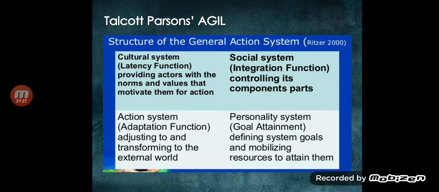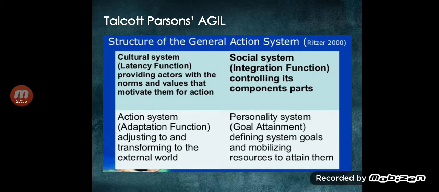When we talk of the action system, it refers to the behavioral organism. We are the behavioral organism. We are the ones acting, and we are also the ones adapting, adjusting and transforming to the external world. So that is the adaptation function in line with the action system.